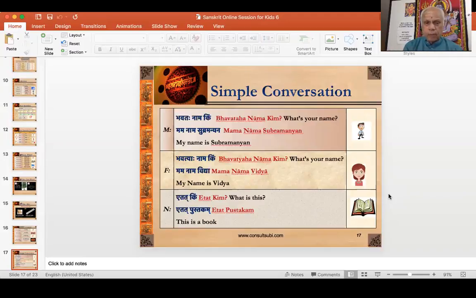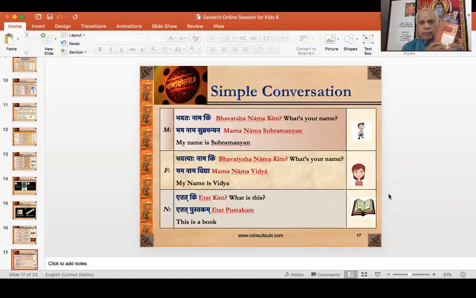The gender doesn't count. But when you ask a question, it is very important that you address correctly: Bhavataha for a male person, Bhavatyaha in case of a female person. Okay, remember this. And if it's a neutral gender, you say Etat Kim. Etat Kim.